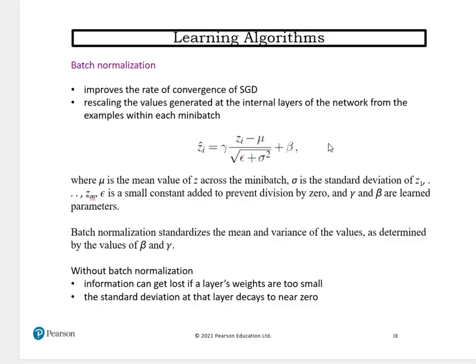The standard deviation at that layer also decays to near 0. What batch normalization does is that it prevents this from happening. It also reduces the need for careful initialization of all the weights in the network, to make sure that the nodes in each layer are in the right operating region to allow information to propagate.